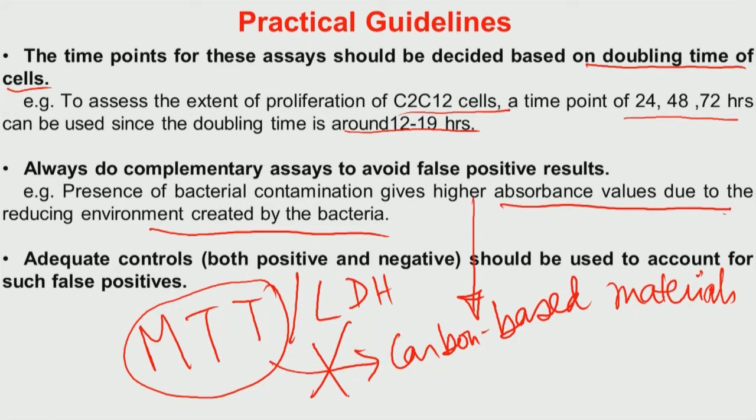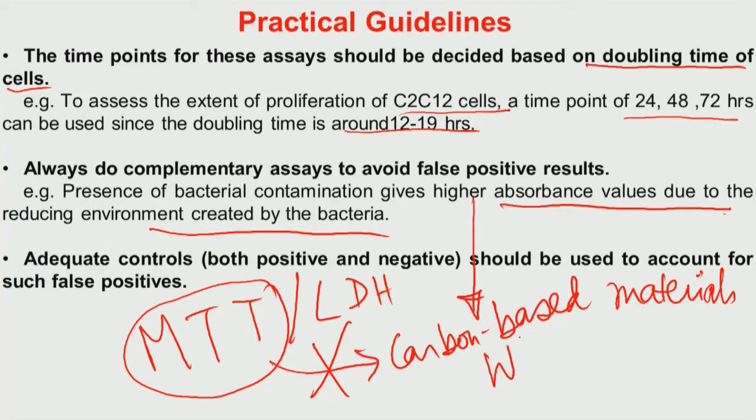So as long as these biological reagents or biochemical reagents do not interact with the materials per se, then you can use them, but once they start reacting with the materials, also material composition, then one has to be very careful.